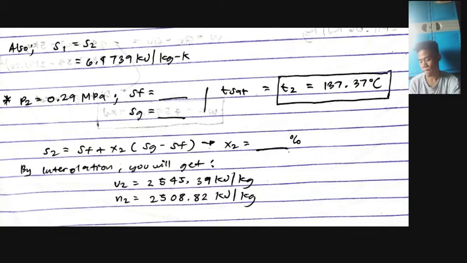So next, S2 equals SF plus X2 times (Sg minus Sf), and this gives X2 in percent. So again, by interpolation, you will get h2 equals 2545.39 kilojoule per kilogram, and U2 equals 2508.82 kilojoules per kilogram.